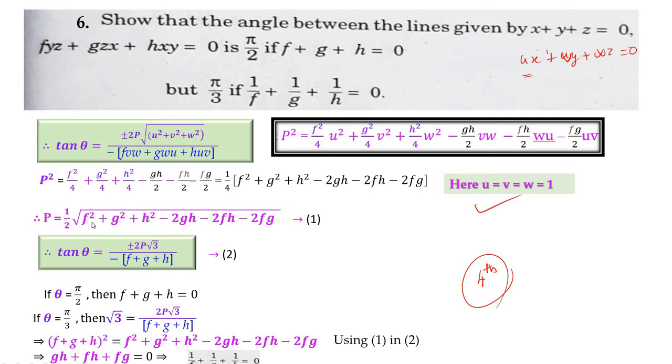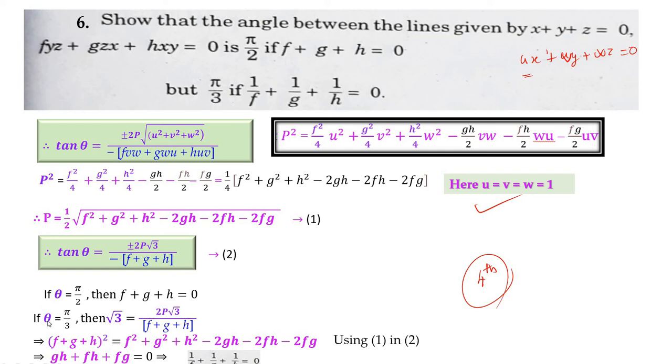So p will be half into square root of all this. So tan theta, this is known to us, in that we are replacing UVW by 1, so you get this. Now if we have theta to be pi by 2, then whatever we have in the denominator, that should be 0. Tan 90 is infinity, so you have to have this to be 0. So you have got the first condition.